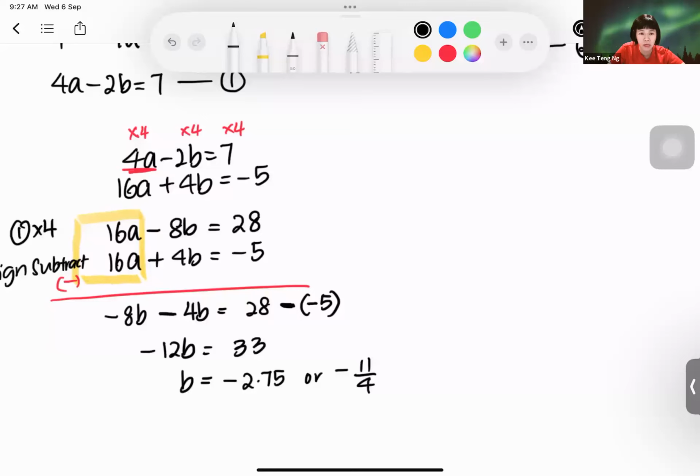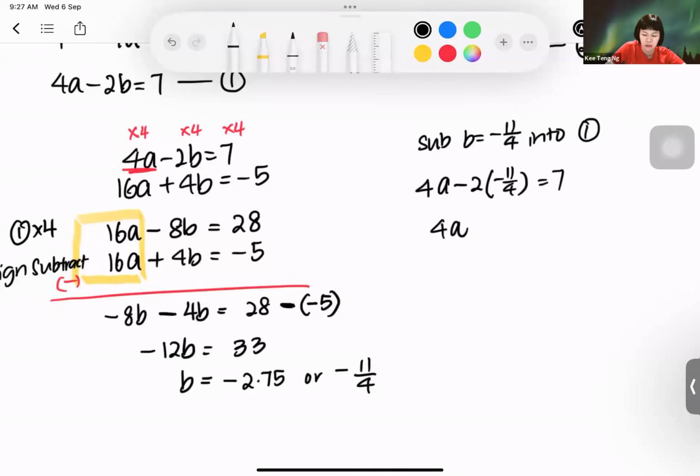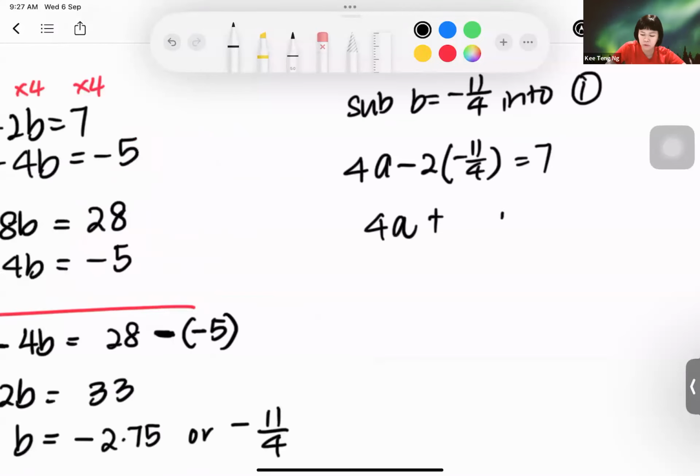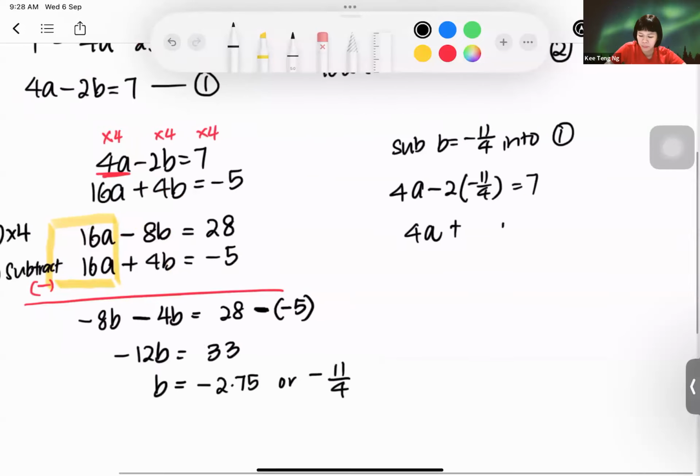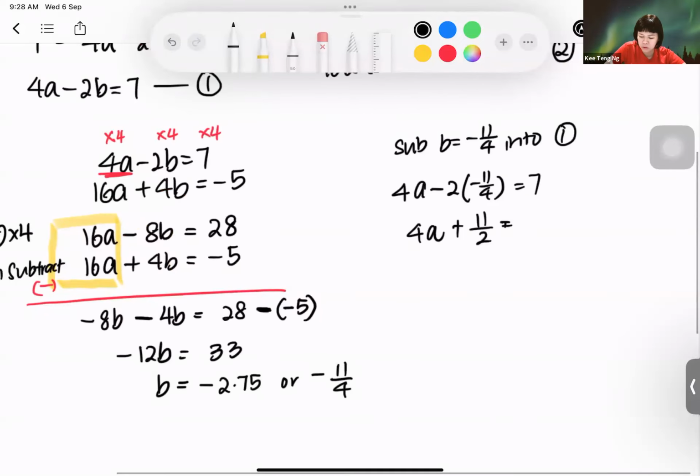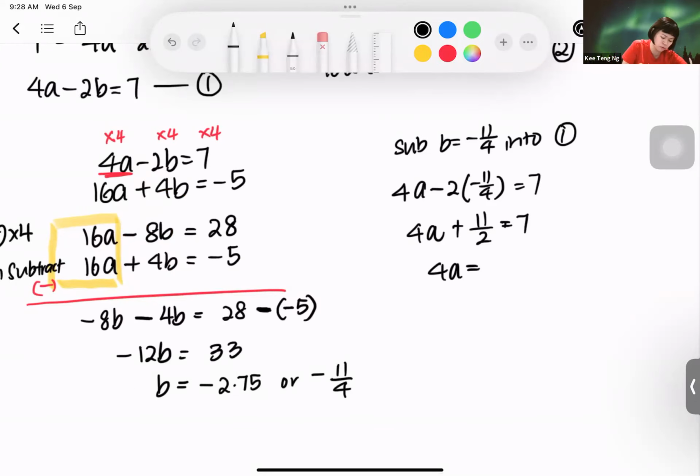After I found B, I need to find A. So I can substitute B equals -11/4 into any one of the equations. I just choose one for convenience. 4A minus 2 times -11/4 equals 7. 4A plus 11/2 equals 7. 4A equals 7 minus 11/2, which is 3/2.